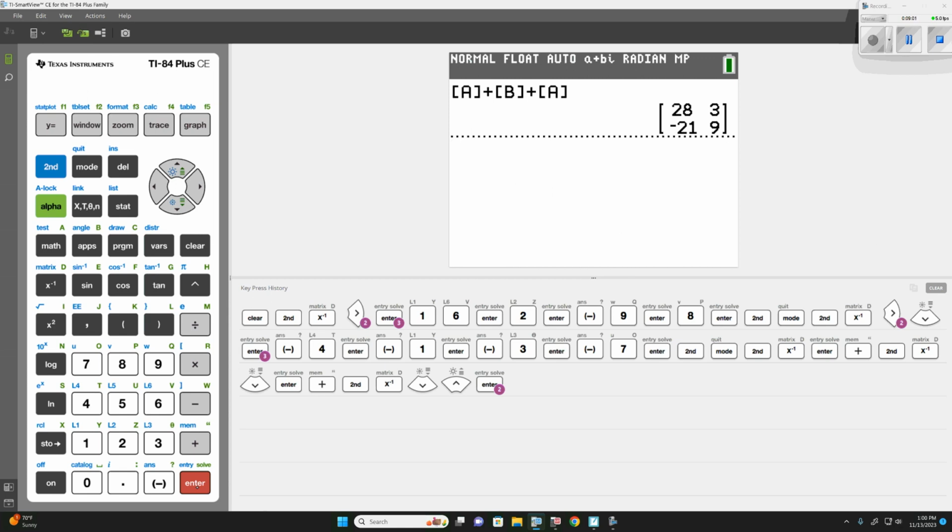B. Enter. So the second one, you have to type B in this one. Make it a 2 by 2. Enter. Second quit.